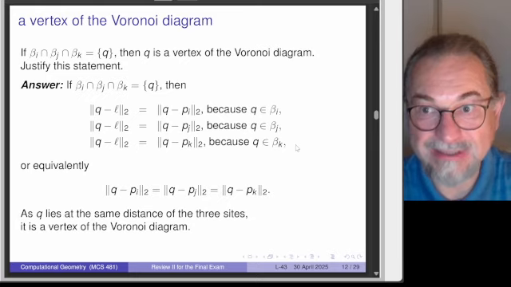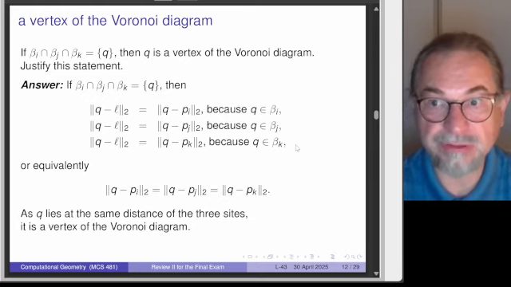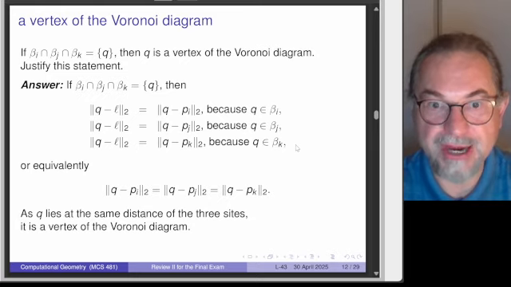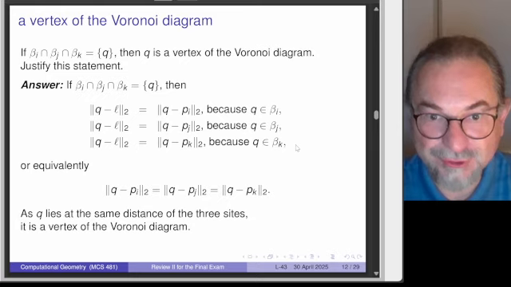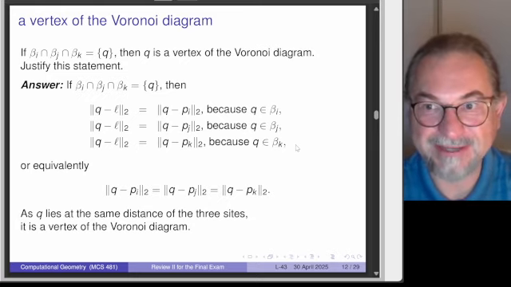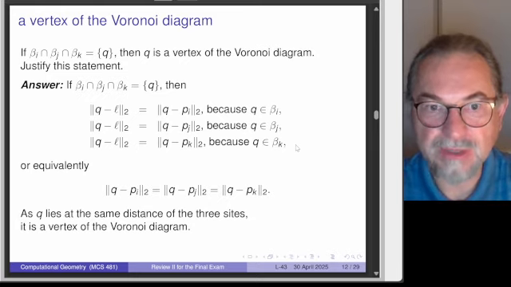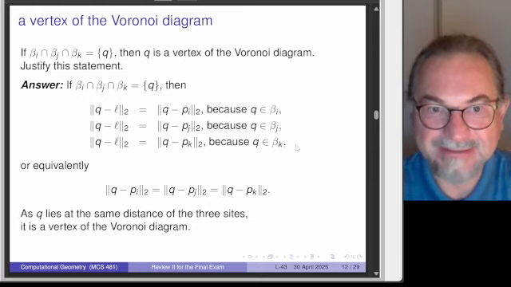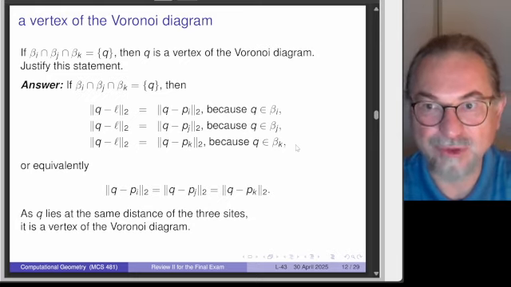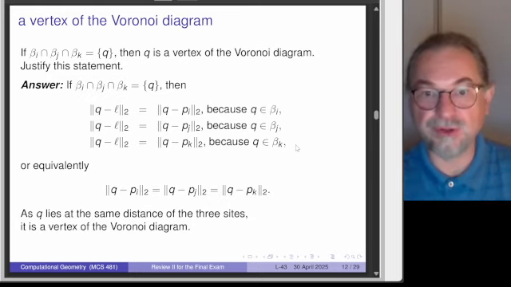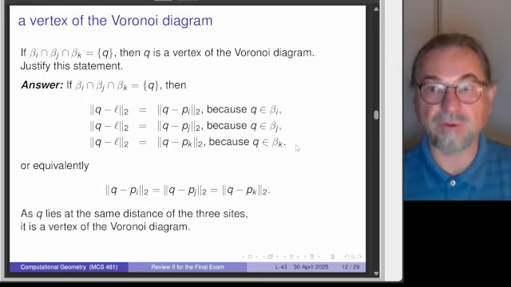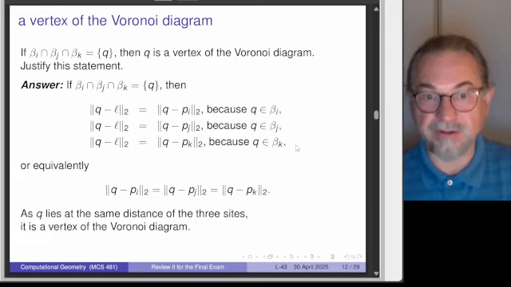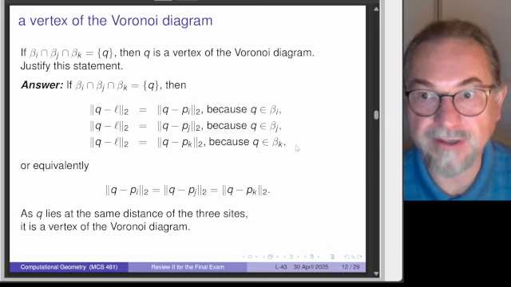The second line says that Q lies on the parabola with focus pj, and the third equation states that Q lies on the parabola with focus pk. Being on the parabola means that the distance to the directrix is the same as to the focus. So Q lies at the same distance from all three sites, and that is what we defined as a vertex of a Voronoi diagram.